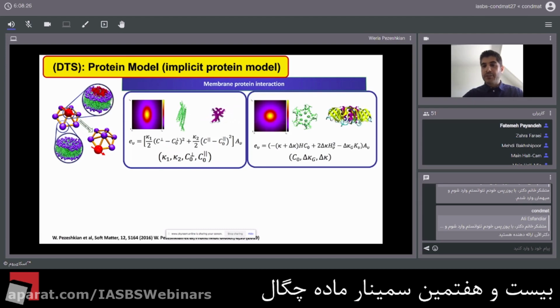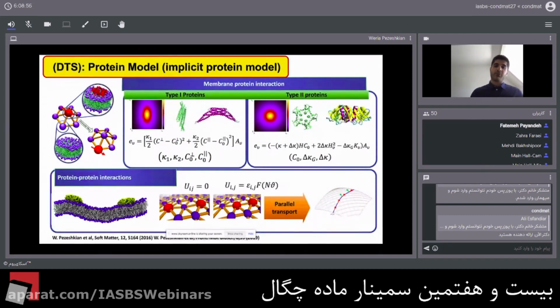And if your protein induces isotropic curvature, the more general form of the protein model, up to the second order, is like this, which has only 3 model parameters. One of them is induced curvature, an increase in the bending rigidity, and also an increase in the Gaussian rigidity.